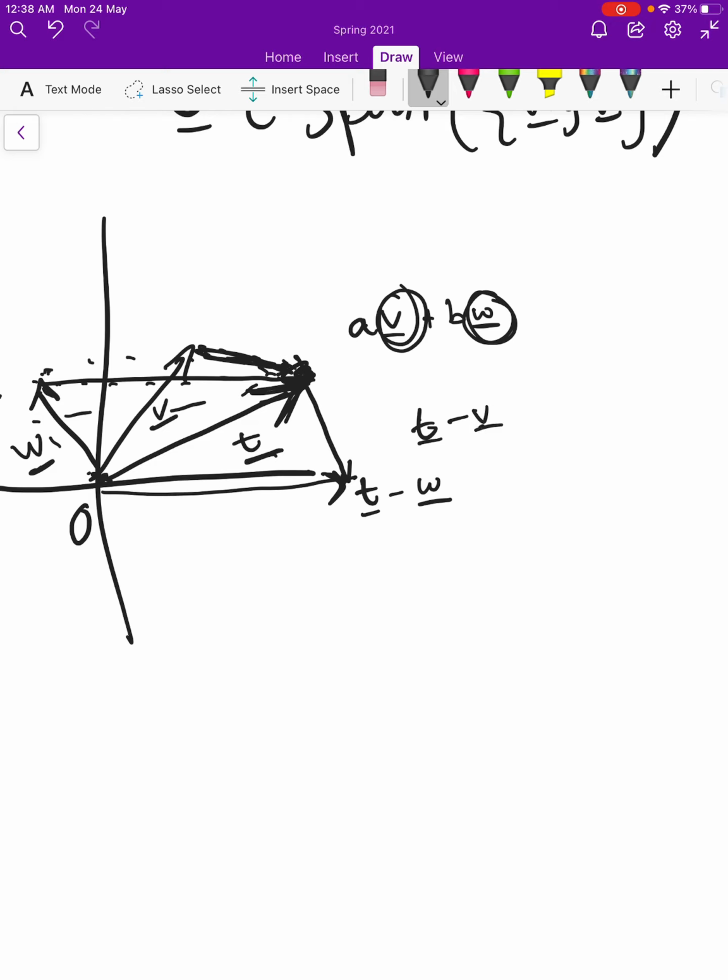Now, we can define our plane. We have T as the starting vector, and then we can use constants.